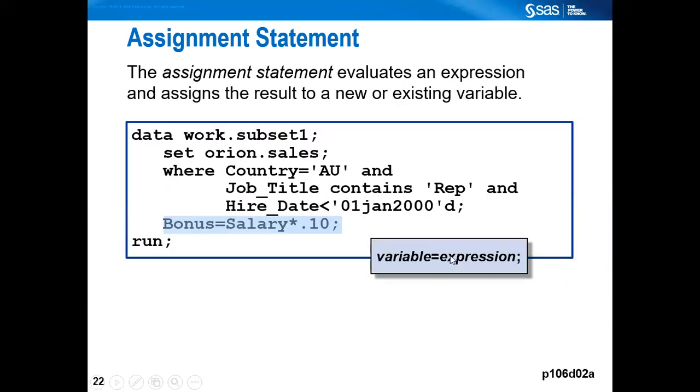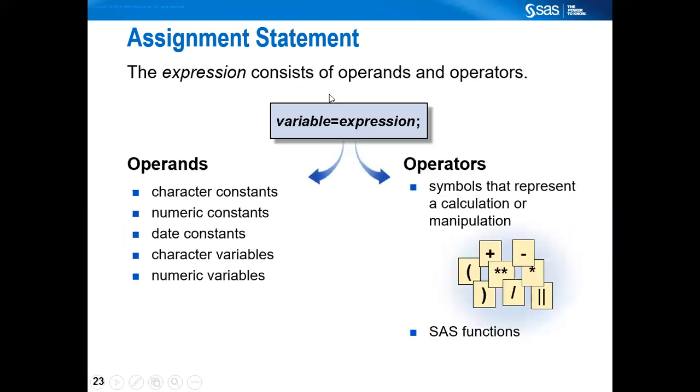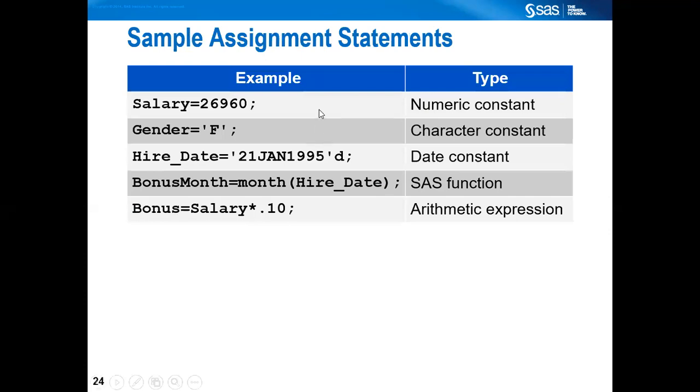This expression could have operands and operators. Operators are like this. It could be a SAS function also. And operands, of course, could be character constants, numeric constants, date constants, character variables or numeric variables. These are some examples where we are asking SAS to assign a value for salary, which is a numeric constant.